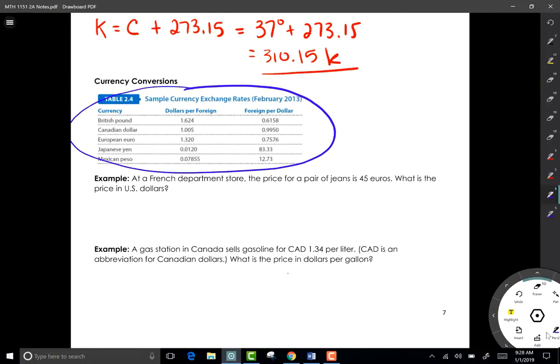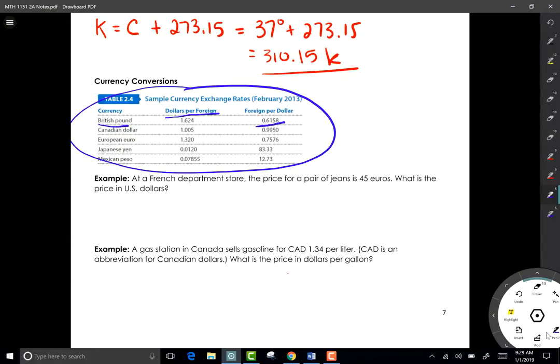So what this means, if I look at the first column here where it says dollars per foreign money, that means, for example, if I look at British pounds, for every British pound, I have 1.624 US dollars. Now, if I look at this column, that means foreign per dollar.